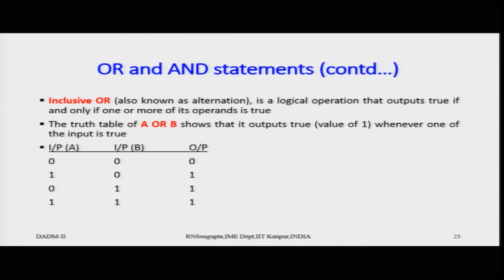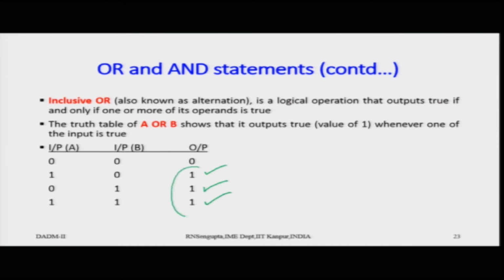In that case, both are no, so the output is no. The moment one of them is yes, the output for A1 B0 is 1, A0 B1 is 1, and A1 B1 is 1.